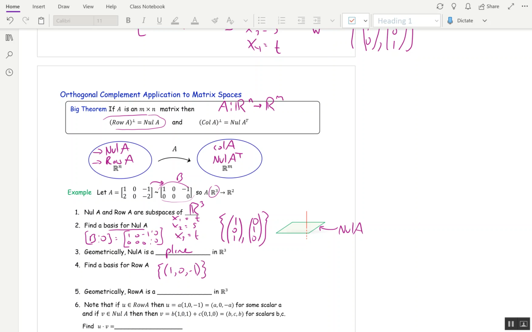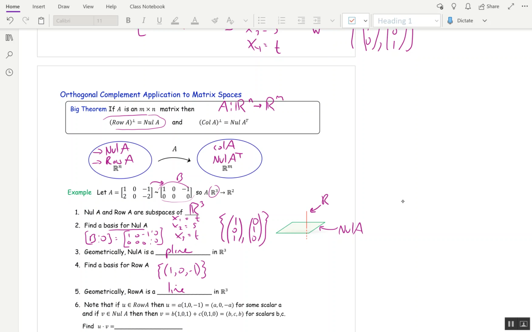I'll write that vector as a row. So geometrically, row A is a line in R3 because it's a space spanned by a single vector, and you can envision it as this red line here.